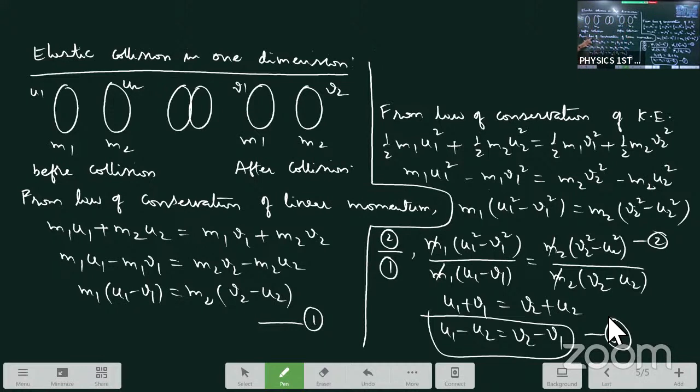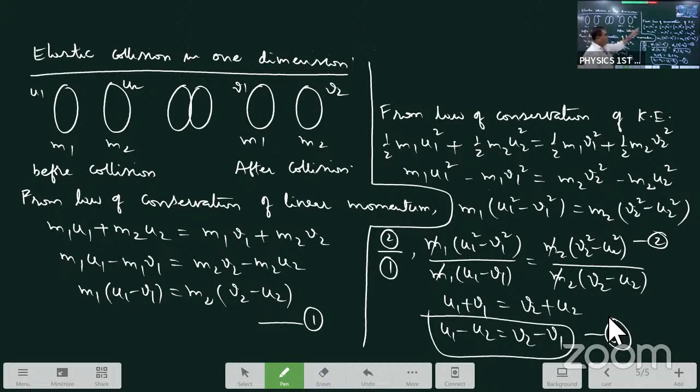So you have to apply linear momentum and kinetic energy. First of all, apply the law of conservation of linear momentum. That is, first body linear momentum m1 u1, second body m2 u2. After collision, first body m1 v1, second body m2 v2. Now you solve it, you will get the equation like this.